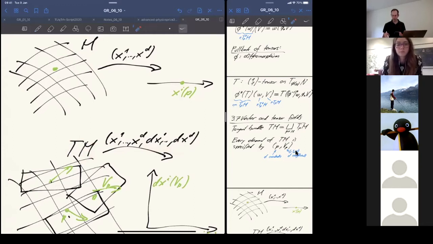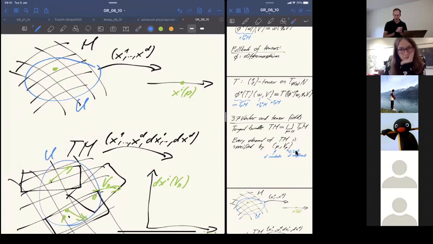So in other words, if this is defined on a particular chart domain U, then this map here is defined on essentially the same U and all vector spaces that are at points in this set U. And of course, if the union of all U's gives M, then the union of all these also gives TM, and therefore I've covered the whole TM, because TM is just the union of all TpM. That's just this proof sketch.